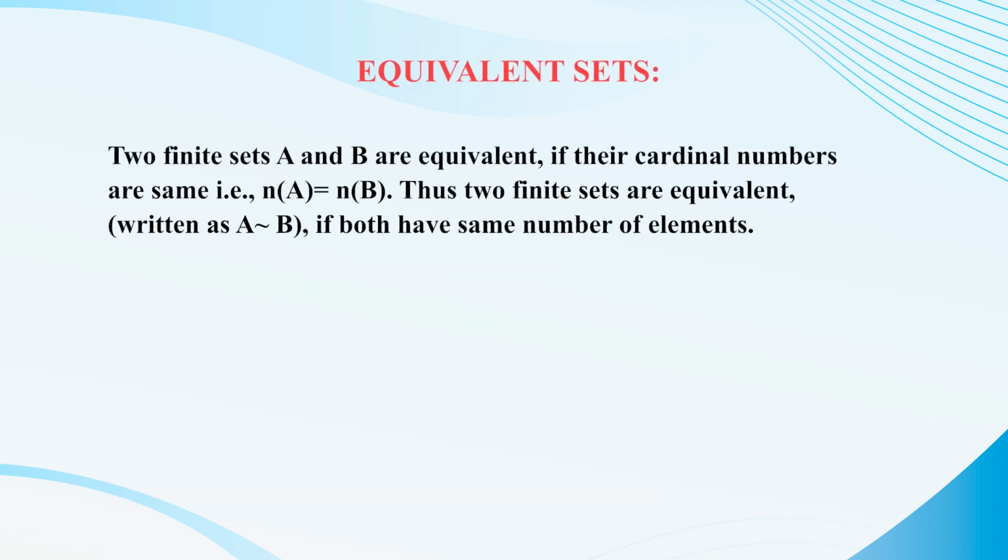Now, we will learn about equivalent sets. Two finite sets A and B are equivalent if their cardinal numbers are same. That is, number of elements in A is equal to number of elements in set B. Thus, two finite sets are equivalent, written as A equivalent to B, if both have same number of elements.